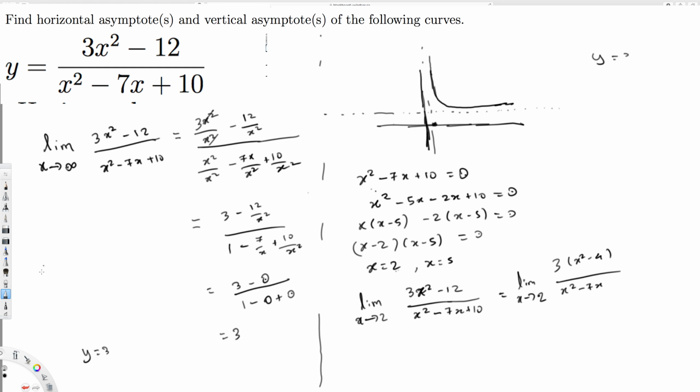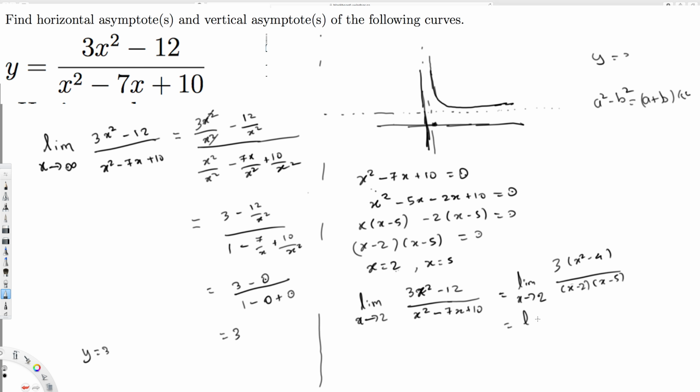I can directly write the factored form, x minus 2, x minus 5. Now x square minus 4 is in the a square minus b square format, so I can expand it as a plus b, a minus b. In this case, it's x minus 2, x plus 2.